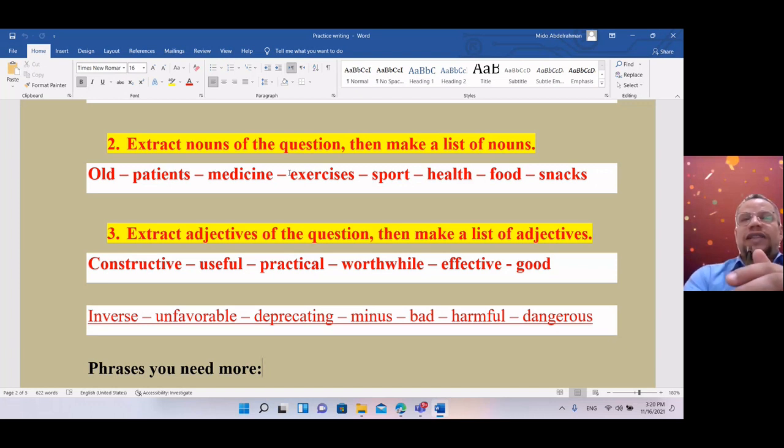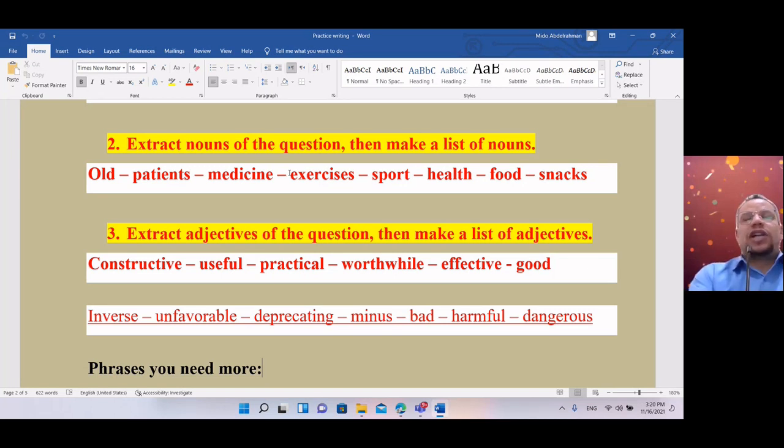For negative as an adjective, you can use a list of adjectives such as adverse, unfavorable, deprecating. Deprecating is one of the bad adjectives, minus, bad, harmful, dangerous, resistant, and so on. You can use these adjectives to help you build your sentences with vivid words.